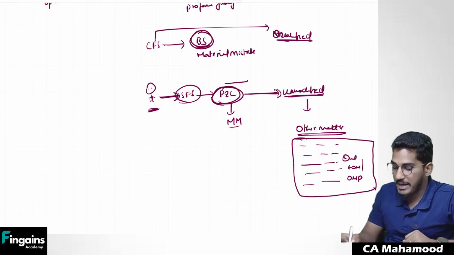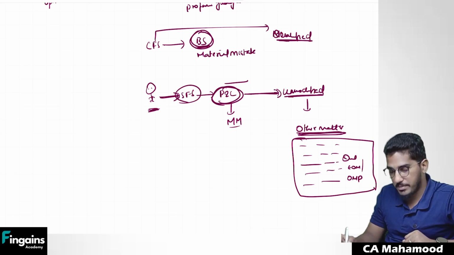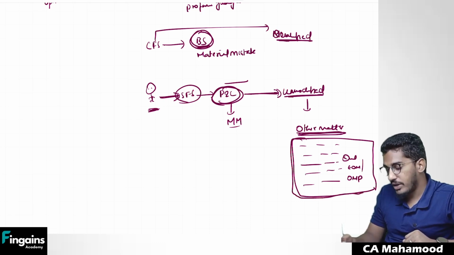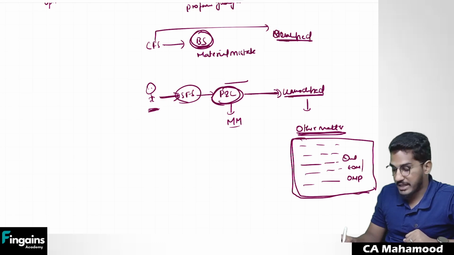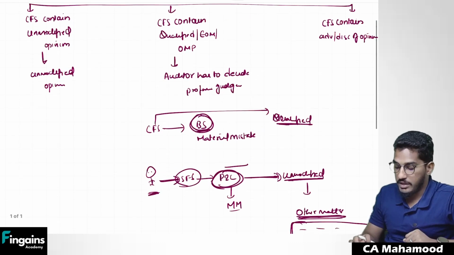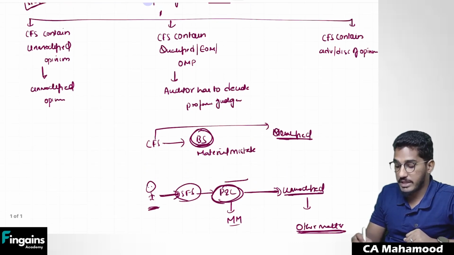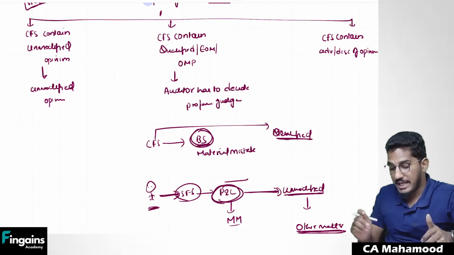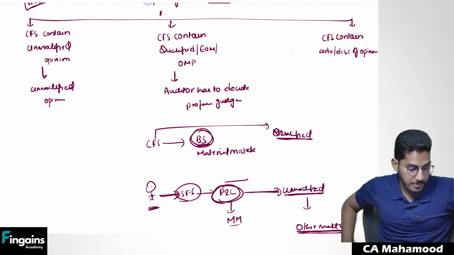Clear? So there is no mandatory requirement to compulsorily give a qualified opinion. You can give unmodified if you are satisfied, but you can use an other matter paragraph to highlight that the audit report of the complete financial statements contains either a qualified opinion, an emphasis of matter paragraph or an other matter paragraph.